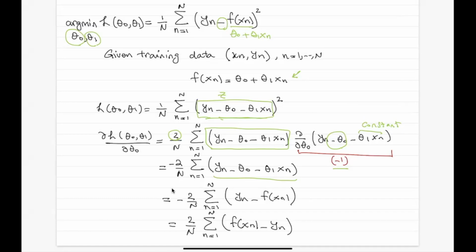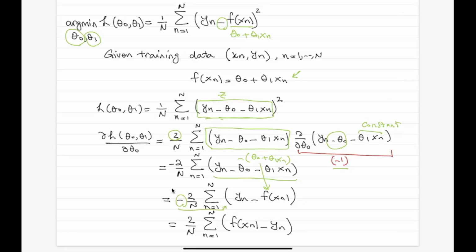And remember that we can put this back again in terms of f of xn. I can write this as theta 0 plus theta 1 xn, and this is exactly the function f of xn. If we want to, we can also put this negative sign back in front of this summation.